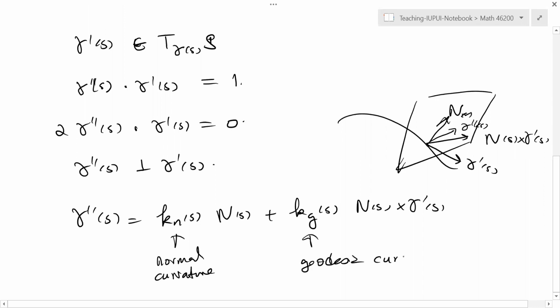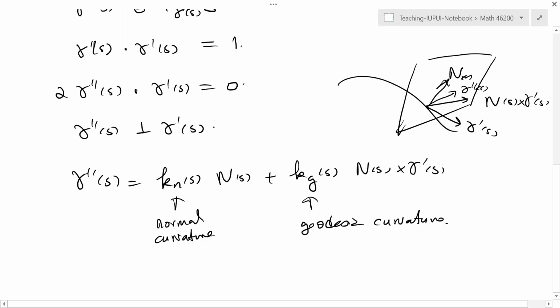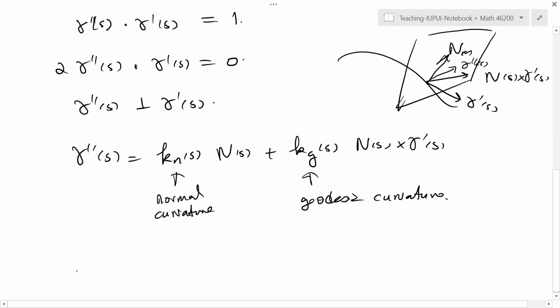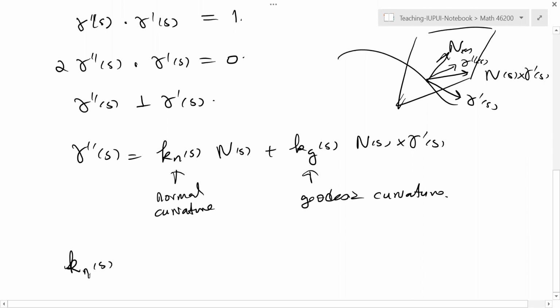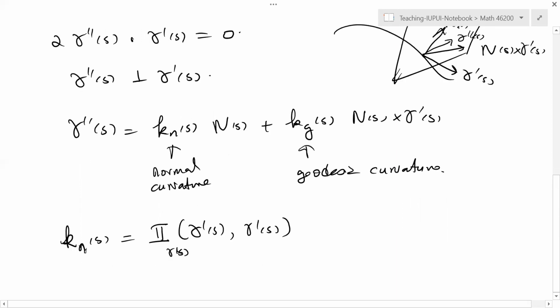There's a reason why it's called the geodesic curvature. For the normal curvature, this can be the value of the second fundamental form in the direction of the tangent vector at the point. At every point there's a normal vector and the second fundamental form there.